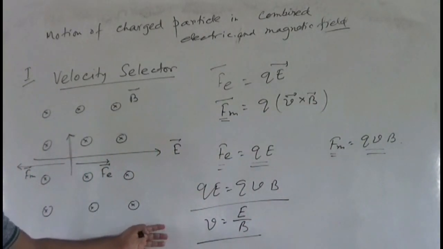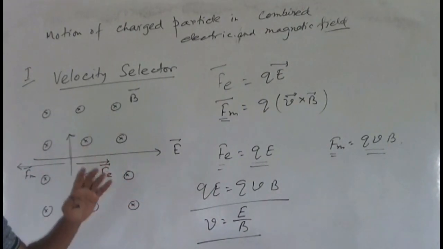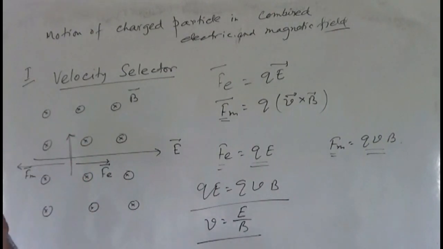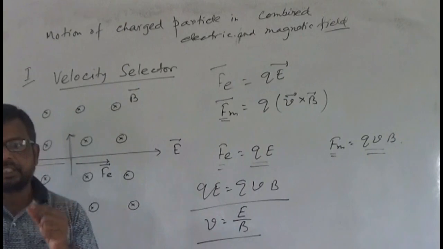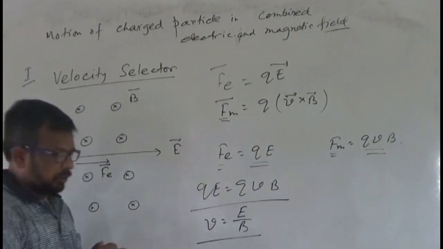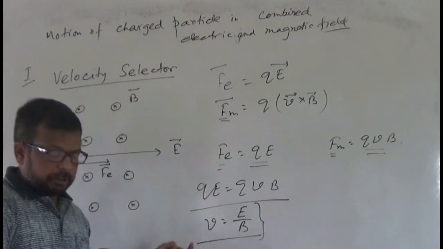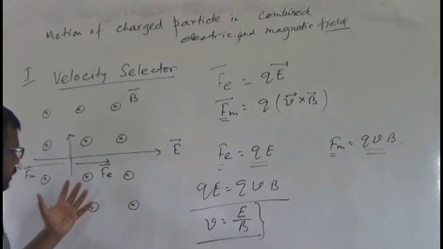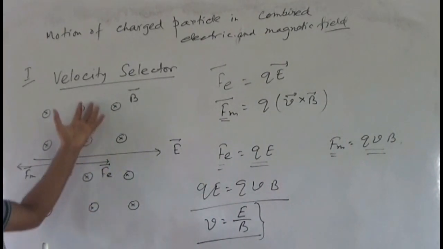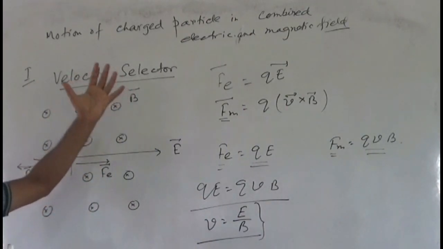This condition can be used to select the charged particles of a particular velocity out of a beam containing charges moving with different speeds. See here, a number of particles are moving from this direction to this direction with different velocities.